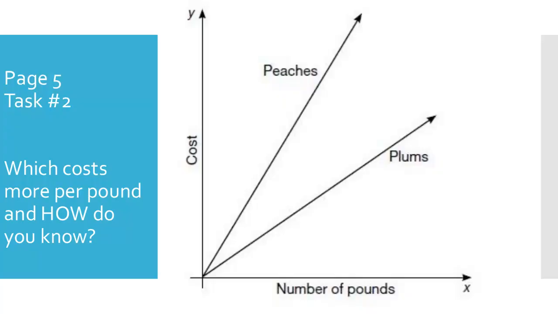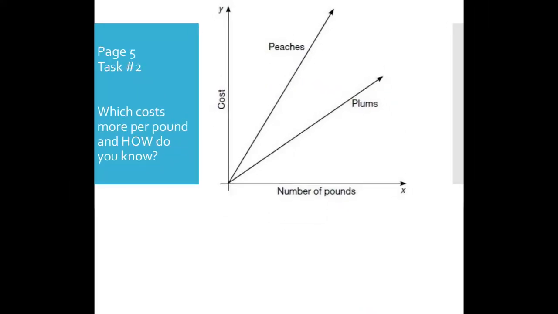Which costs more per pound? Peaches? How many say peaches? Everybody say plums? How do you know? You're right. Peaches do cost more. Kaylee? Okay. Yes. So the line for peaches is more steep.